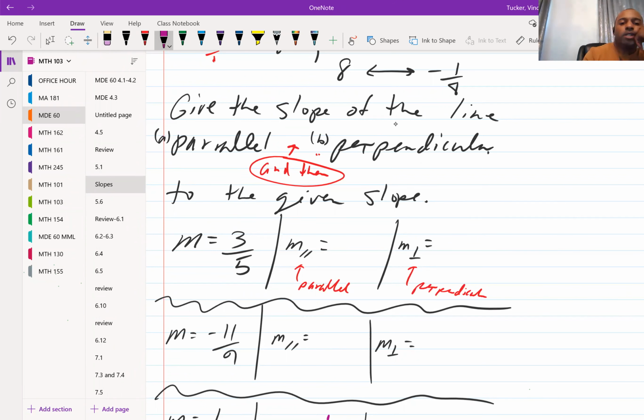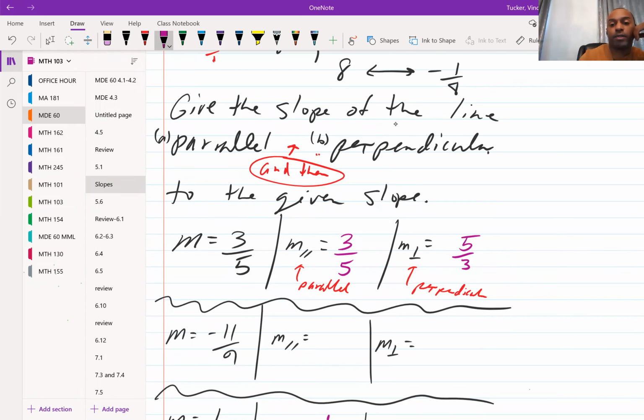All right. So they give us the line that has a slope of 3/5. If I want the line that's parallel to it, it's going to be the exact same thing, which is 3/5. Parallel always has the same slope. If you want a line that's perpendicular to it, you flip it and use the opposite sign.